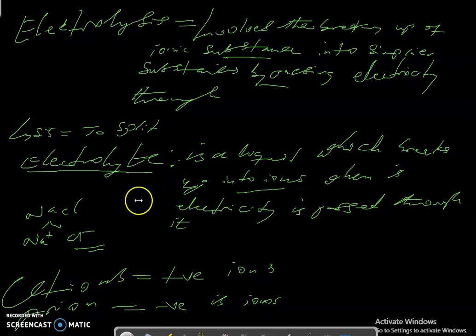The ions will be positive and negative because ionic substances are made of positive and negative ions. The positive ion is called cation and the negative ion is called anion.